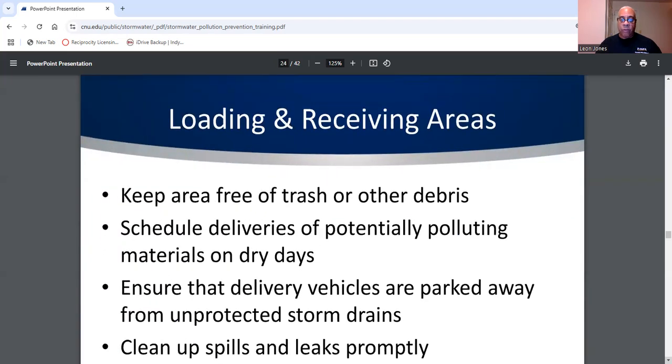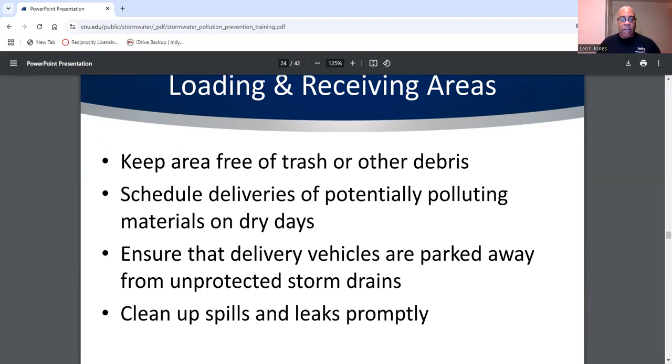Again, for loading and receiving areas, keep area free of trash or other debris. Schedule deliveries. Again, schedule deliveries of potential polluting materials on dry days.